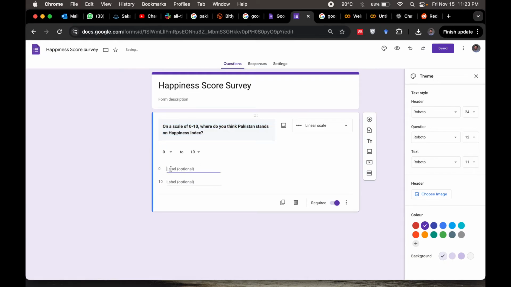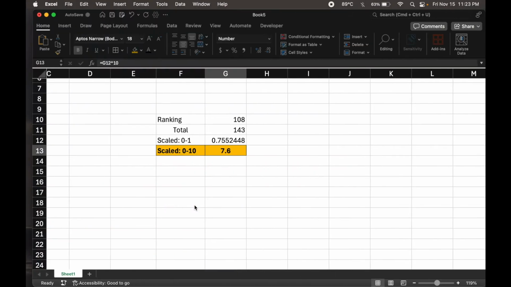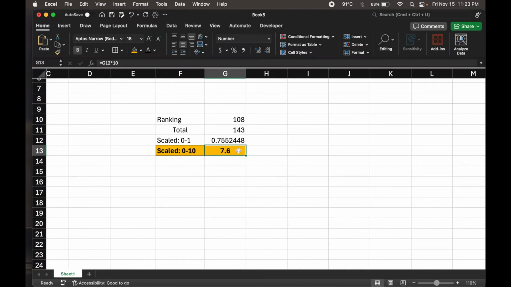And then to answer this, they would want to put in a number, right? So they want to choose a number, and we could see how our form looks. But let's just also put in what 0 means and what 10 means. How we decide this is basically dependent on what this number meant.